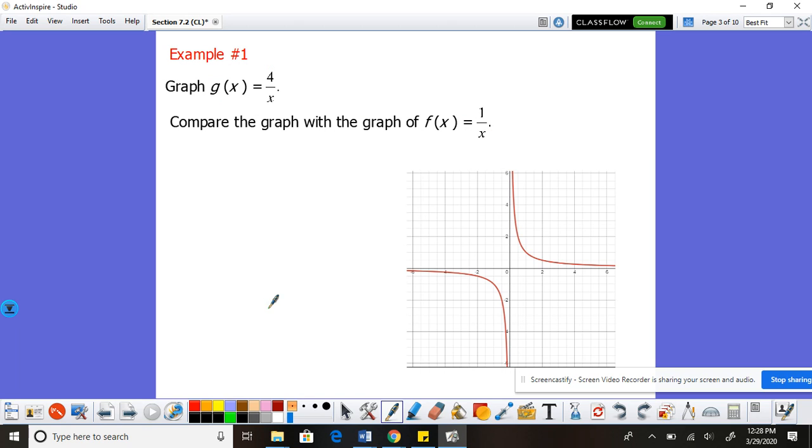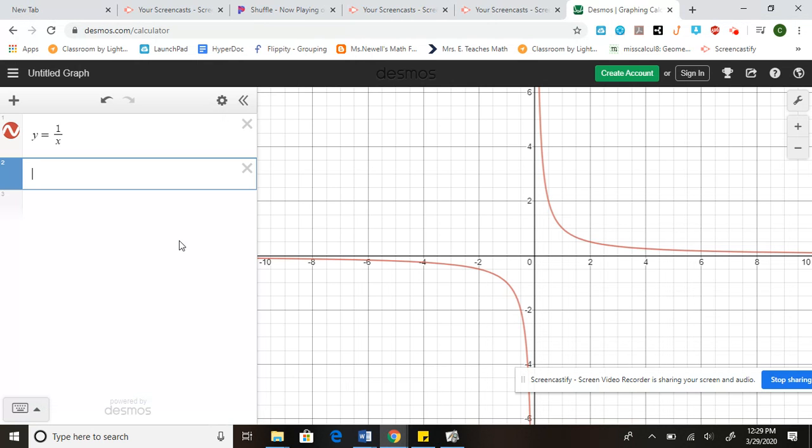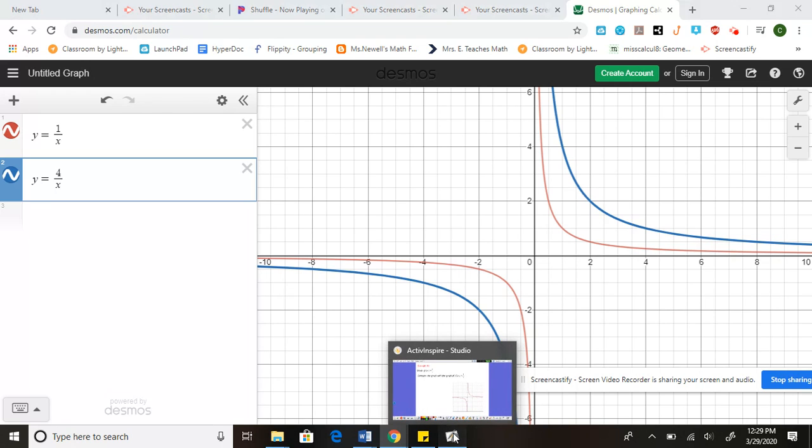All right, so let's do example 1. First, we want to graph g of x equals 4 over x. Now, this is the graph of y equals 1 over x. Let me change my screen real quick. So we want to do y equals 4 over x. So if we compare these guys, notice this is a little bit further away from the axis.